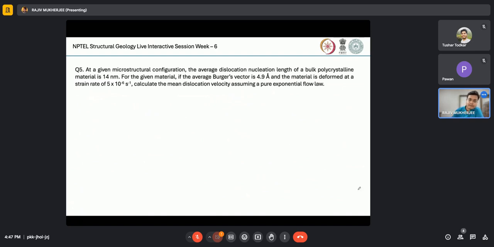First of all, assuming a pure exponential flow law means, if you have remembered, the dislocation mechanism can occur in two ways: dislocation glide, which is limited by obstacles in most cases, and the other one is dislocation creep.